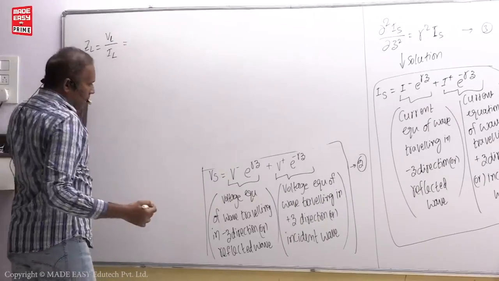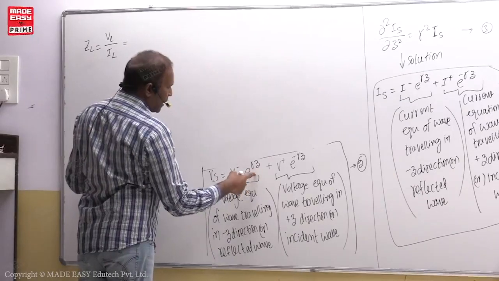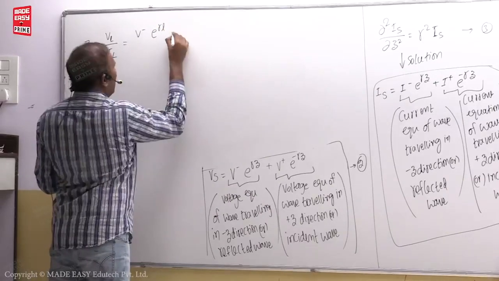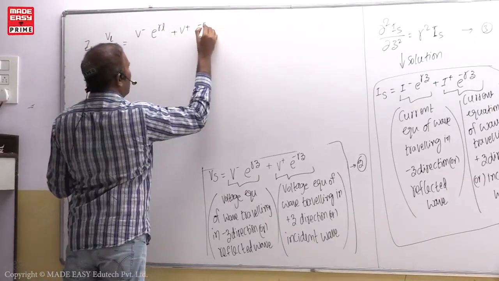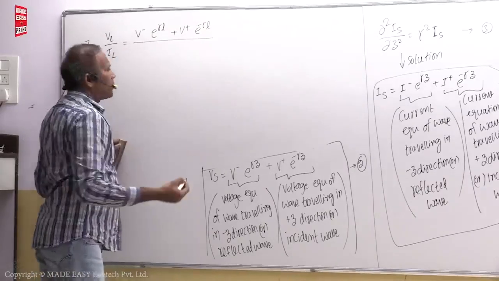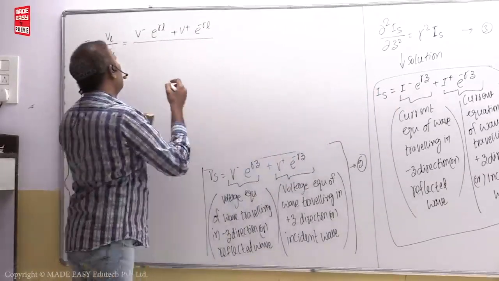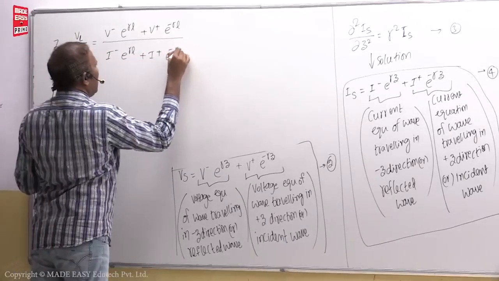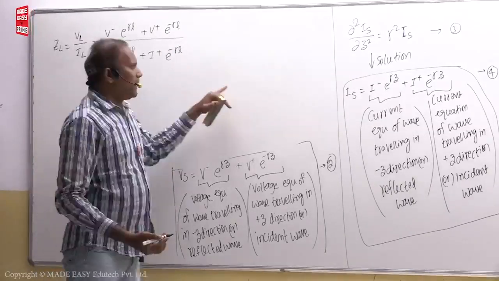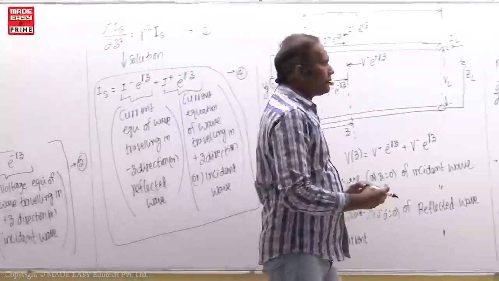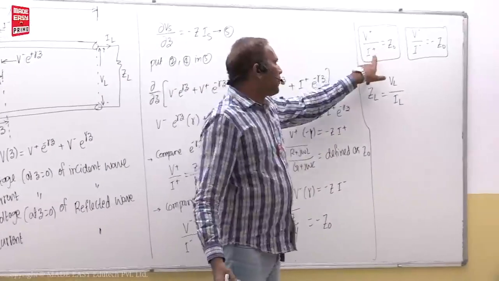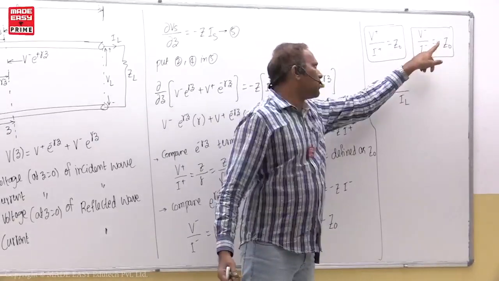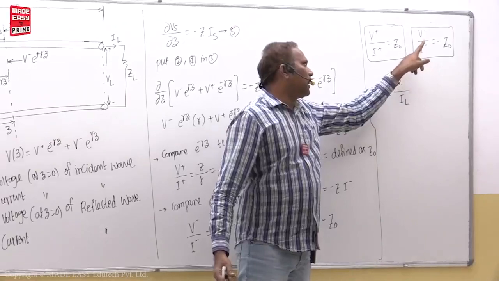If you substitute Z equal to L, you get V minus e power gamma L plus V plus e power minus gamma L, divided by, substituting Z equal to L in the current, I minus e power gamma L plus I plus e power minus gamma L. Now, I plus is equal to V plus by Z naught, and I minus is equal to V minus divided by Z naught, with a minus sign.